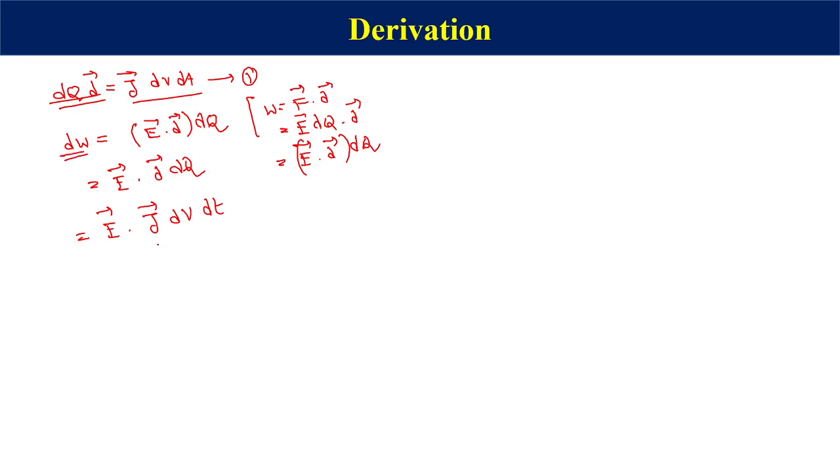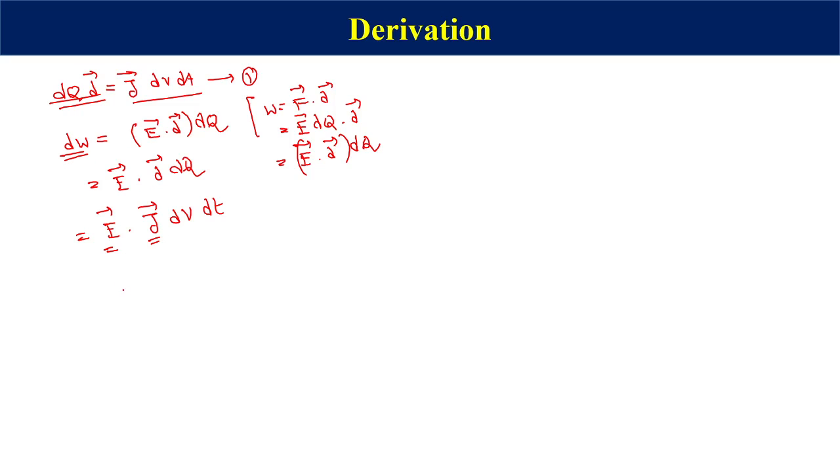Elementary work done in the sense you have got the induced electric field E, because of which there is an induced current I and ultimately the current density J, and in that case a small amount of charge dq is transferred through a distance d. Then what is the amount of work done by the induced electric field in transferring that charge through a distance d, and that we have denominated by the term dW.